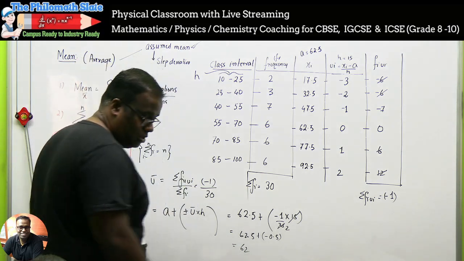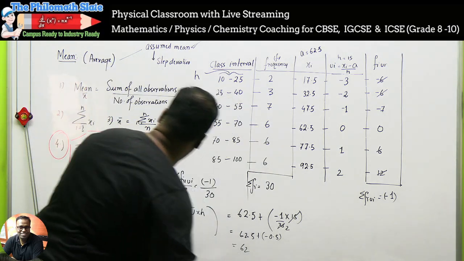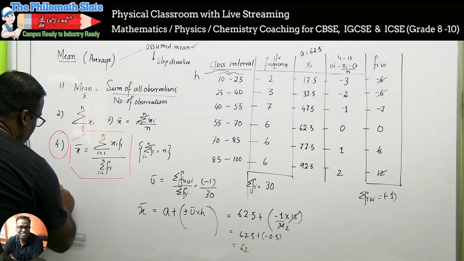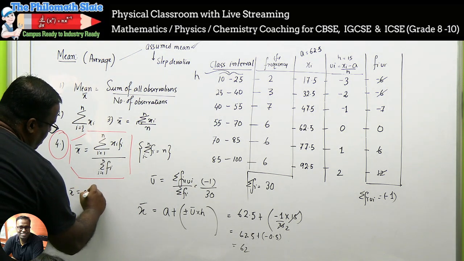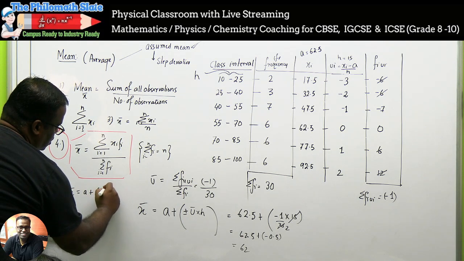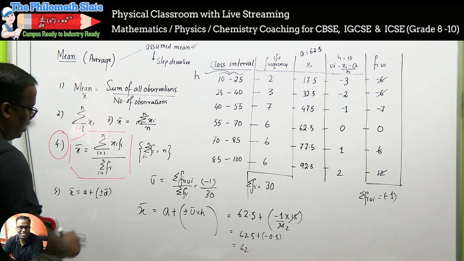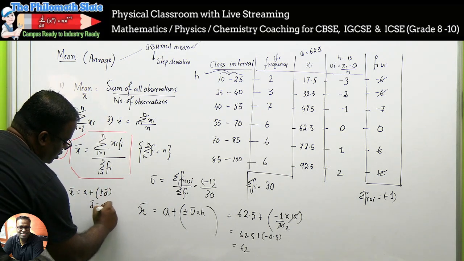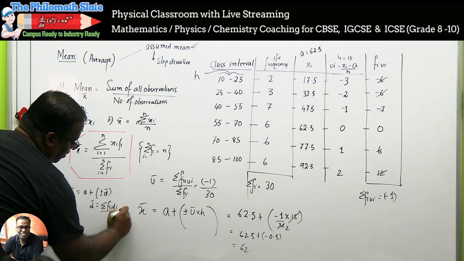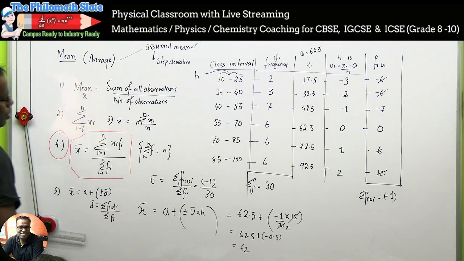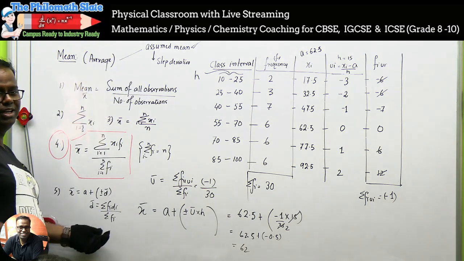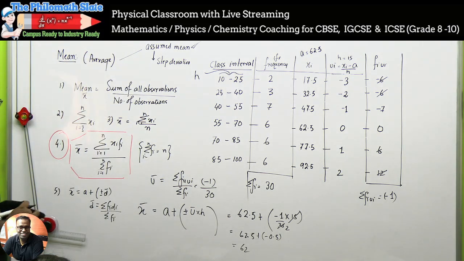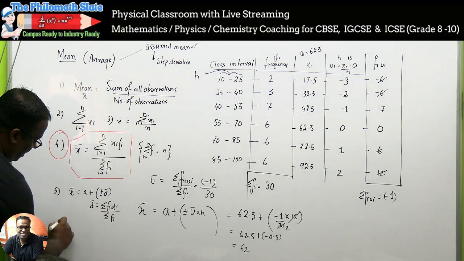So our last formula was that we also understood that we can find out x bar as assumed mean plus minus d bar, okay, where d bar is equal to sigma fi di divided by sigma fi. During corona period, step deviation was taken away. It was limited only till di. You all are non-corona bacha, so we can't help it.